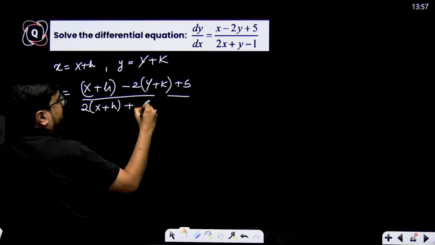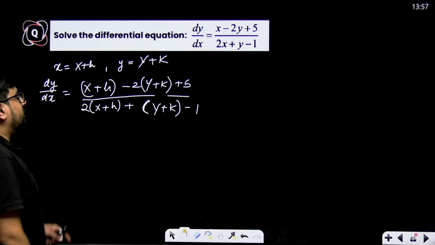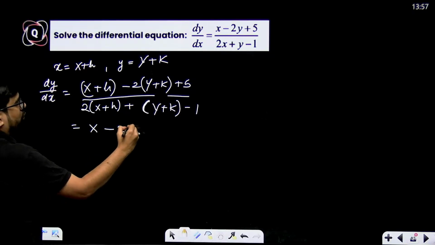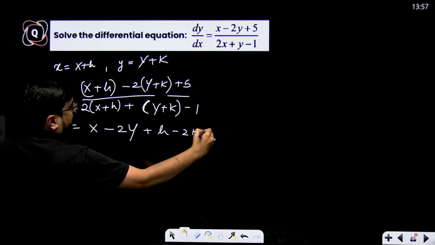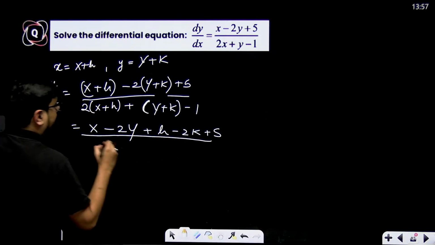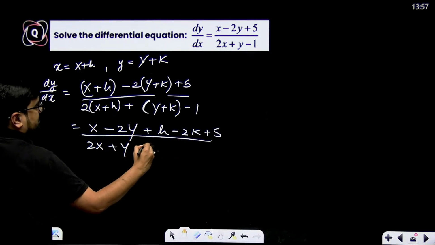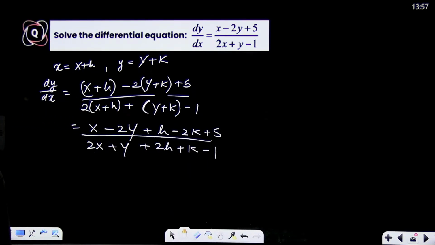Here I'll take capital Y plus k minus 1. Now this is nothing but X minus 2 capital Y plus h minus 2k plus 5, divided by 2 times X plus capital Y plus 2h plus k minus 1. Right, this is what I'm getting.